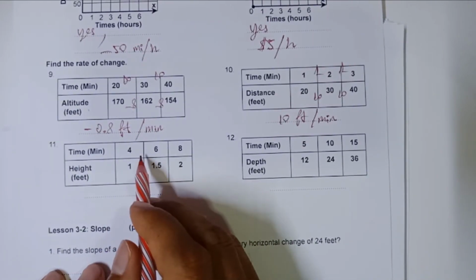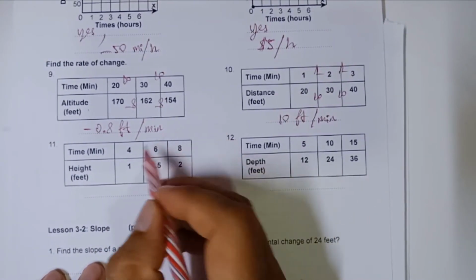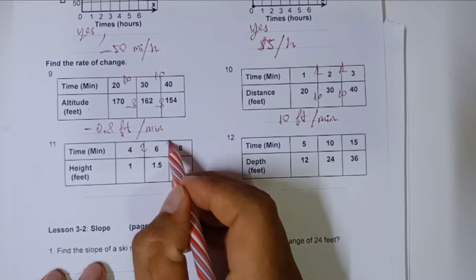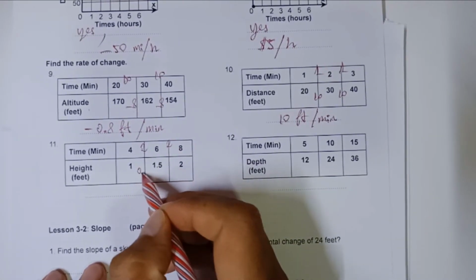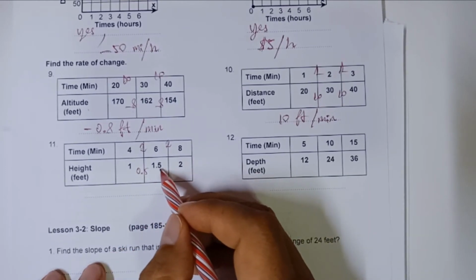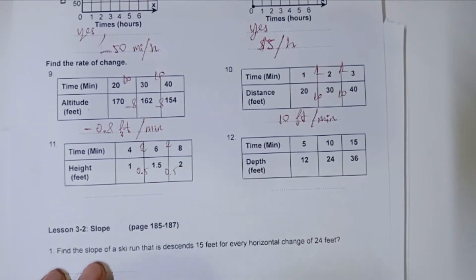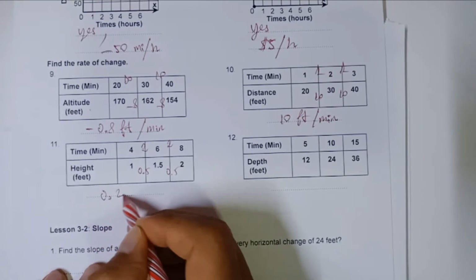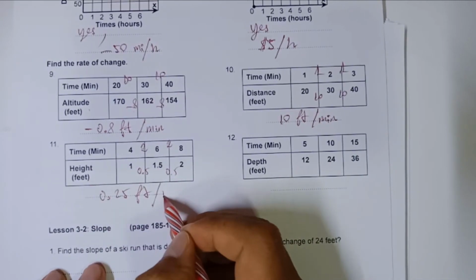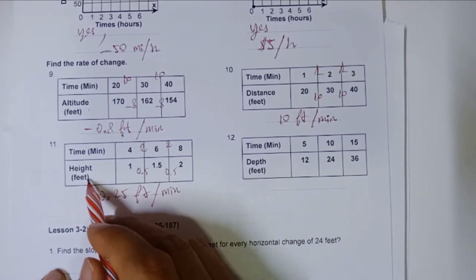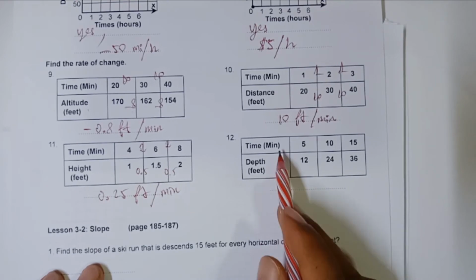Alright, now for this number, 4 to 6 you got plus 2, and then 6 to 8 you plus 2 as well. 1 to 1.5 you plus 0.5, 1.5 to 2 you plus 0.5 as well. Now find constant of change. 0.5 divides 2, that will give you 0.25 feet per minute. This one is going to be feet per minute as well.